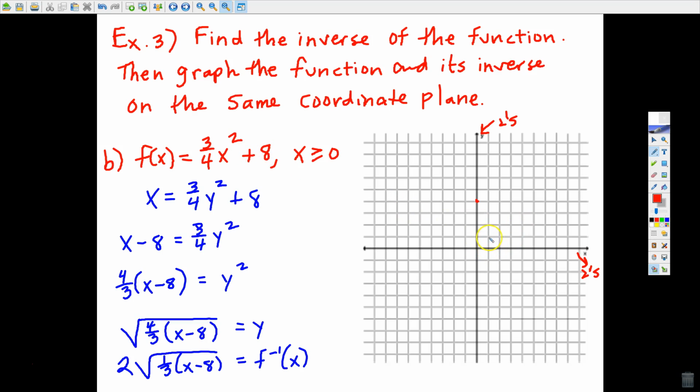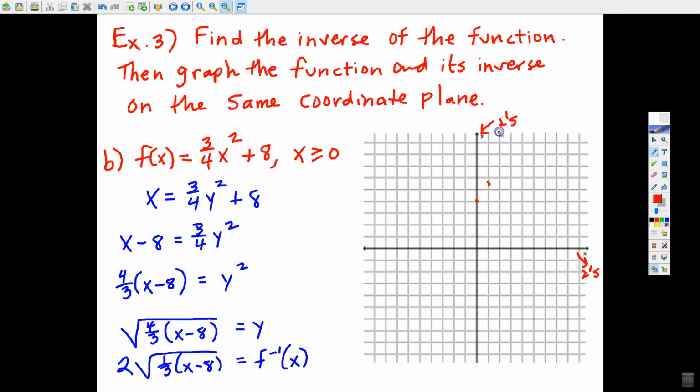So input 2, 2, 4, 6, 8, 10, 11. And let's do one more. Input 4. 4 squared is 16. And 3/4 times 16 is 12. 12 plus 8 is 20. 4, 2, 4, 6, 8, 10, 12.